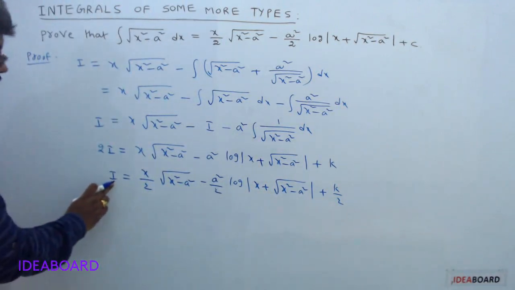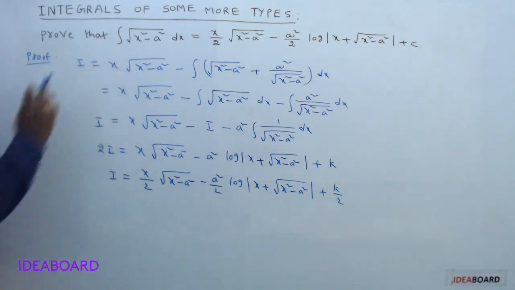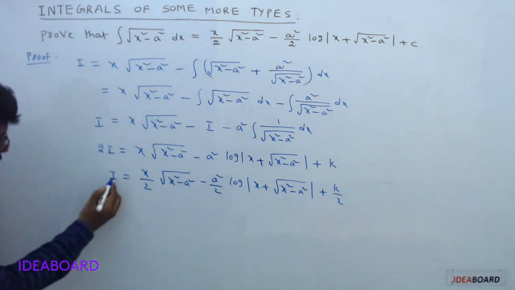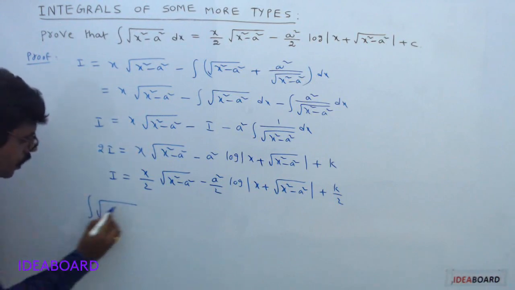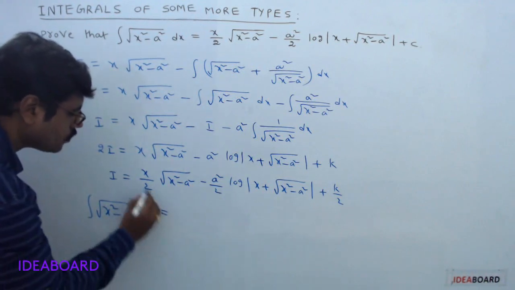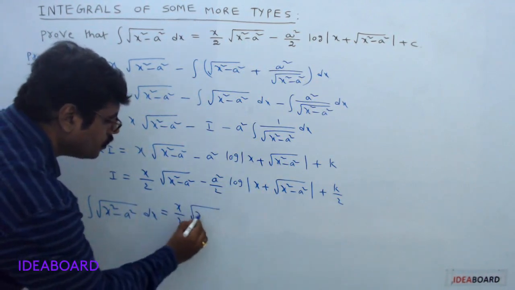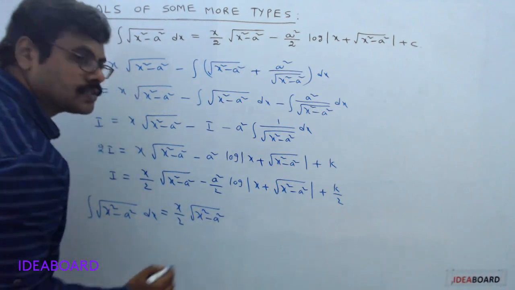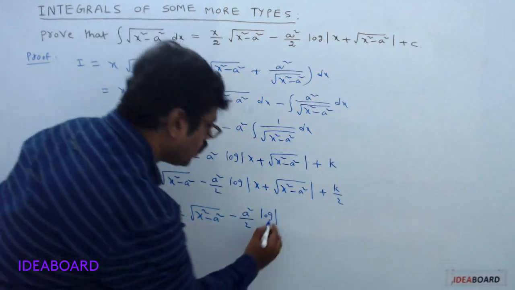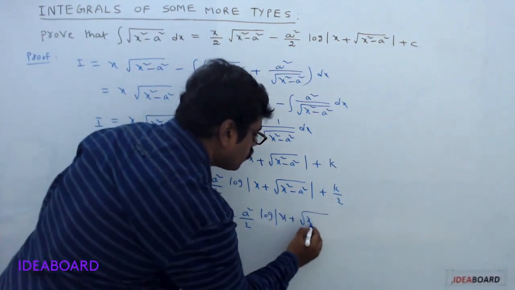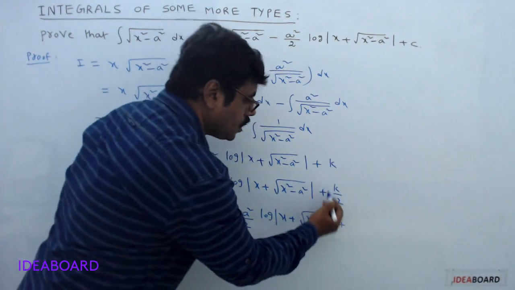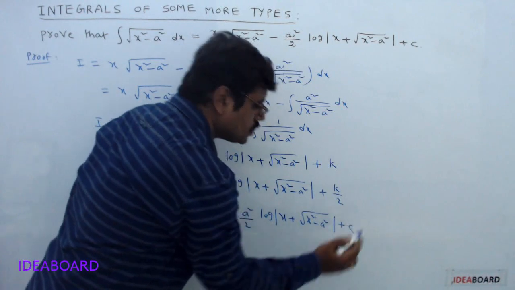Now here in place of I, you can take the given problem integral square root of x square minus a square dx. I is nothing but integral square root of x square minus a square dx is equal to x by 2 into square root of x square minus a square minus a square divided by 2 into log mod of x plus square root of x square minus a square plus k by 2 is a constant term, replace this constant with a c.